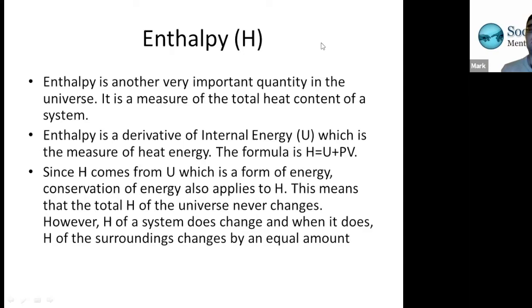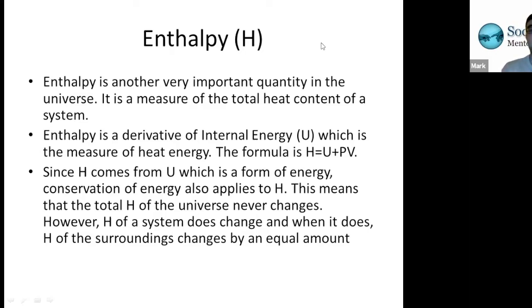What this means is that unlike entropy, in which the entropy of the universe as a whole can stay the same, or it can also increase over time. It just can't decrease. With enthalpy, or H, the total H of the universe can never change, because that would mean energy has been created or destroyed, which is not allowed. So it can't increase, it can't decrease. Enthalpy of the universe always stays the same.